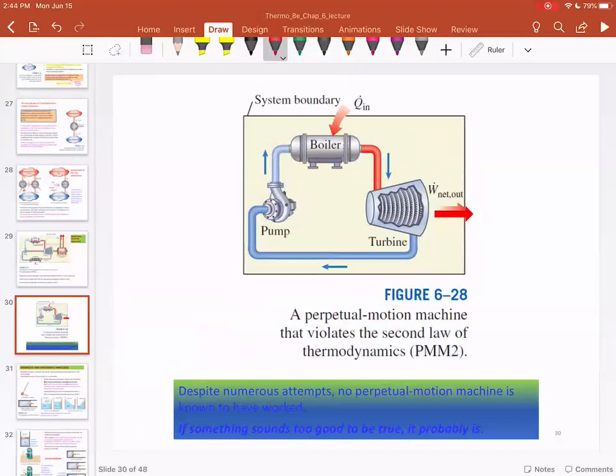Okay, so essentially the work that is coming out from the turbine is used to run the pump and heat the boiler, and that is absolutely not possible because you have irreversibility, you have entropy, you have losses that will decrease the amount of energy that you can use to generate work.